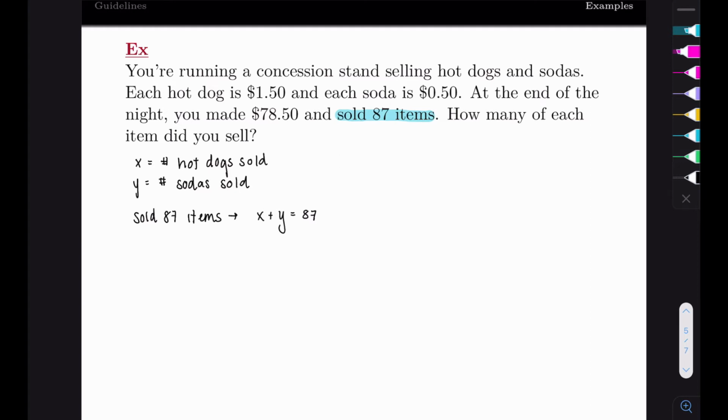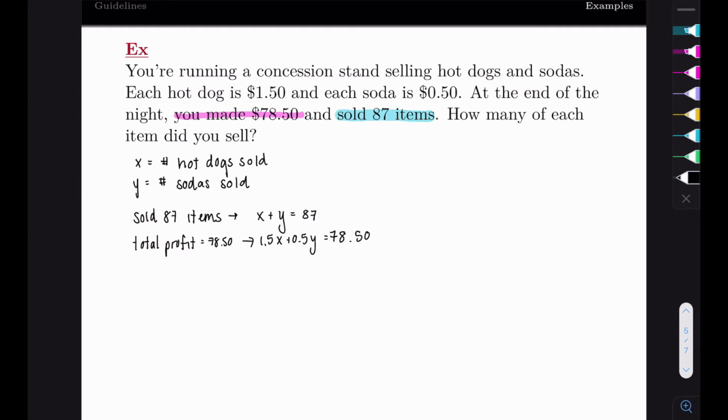The other piece of information is at the end of the night, we made $78.50. So that is our total profit. So we've got to come up with an equation to give us a total profit of $78.50. Okay. So if I sell x hot dogs, the profit I'm going to get from them is $1.50 times the number of hot dogs. And if we sell y sodas, we're going to get 50 cents from each of those.